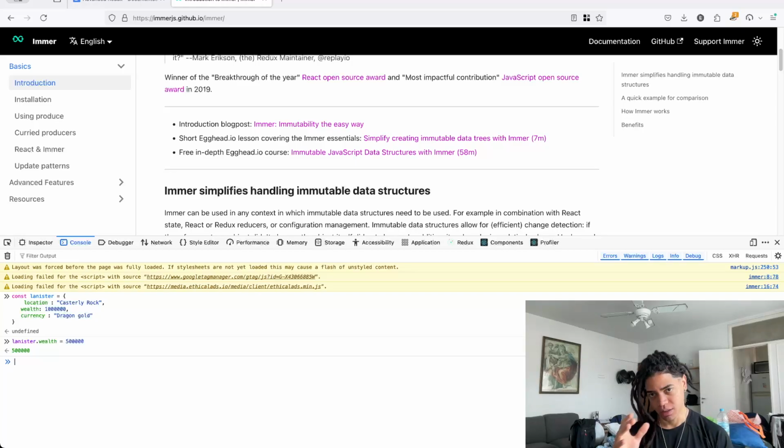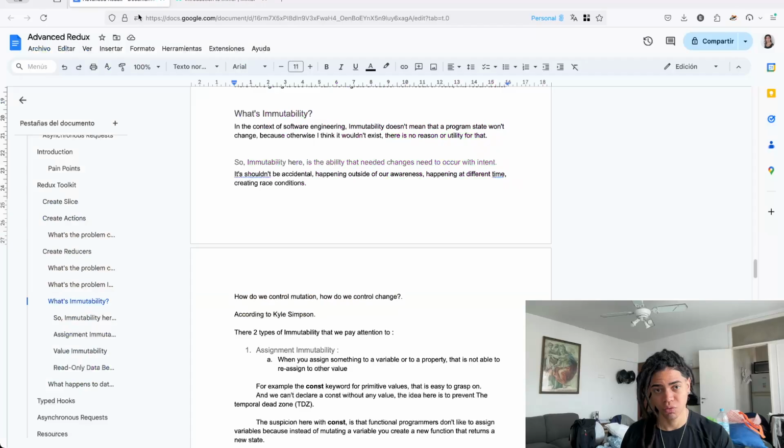That's one. And also, according to Kyle Simpson, another thing they do is try to predict where the errors will occur, and avoid them by using some patterns.